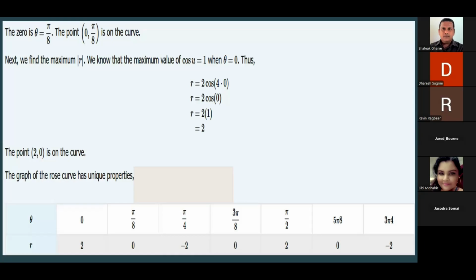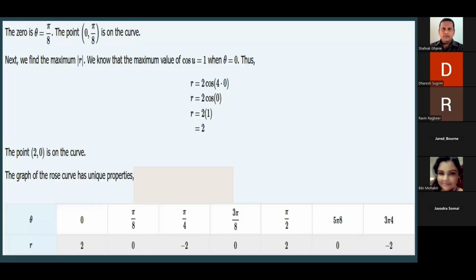When it's equal to 3 pi over 8, r is equal to 0. When theta is equal to pi over 2, r is equal to 2. When it's equal to 5 pi over 8, r is equal to 0. And finally, when theta is equal to 3 pi over 4, r is equal to negative 2.